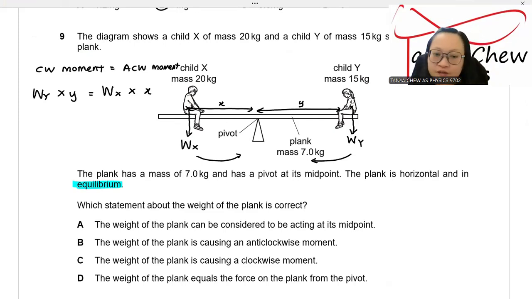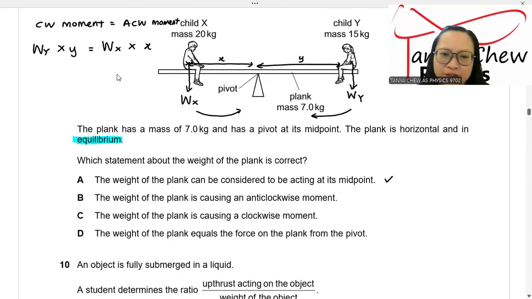All right. Since the system is balanced, the weight of the plank can be considered to be acting at the midpoint. When the weight is acting at the midpoint, exactly where your pivot is placed, there is no moment for the weight of the plank, because there is no perpendicular distance from the pivot; the pivot acts exactly at the weight.